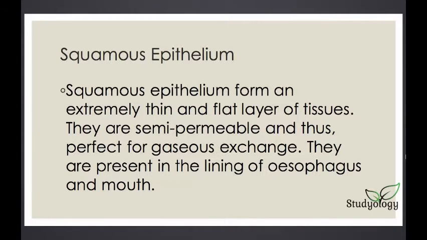They are semi-permeable. As we learned in session 1, semi-permeable means that they allow some substances to go in and out through them. Because they are semi-permeable, they are perfect for gases to exchange, and thus they are present in the lining of the esophagus and the mouth. The esophagus is where the food goes in through the mouth.